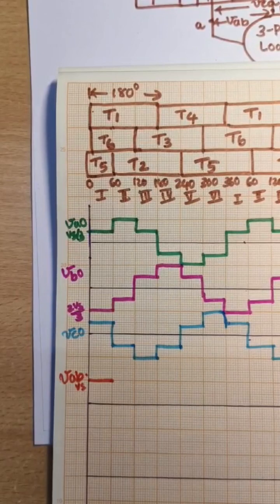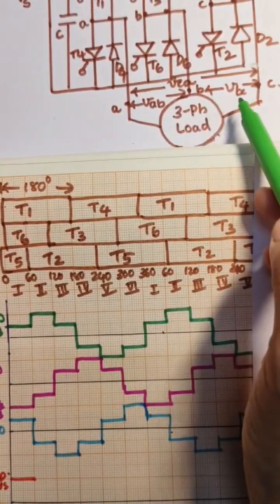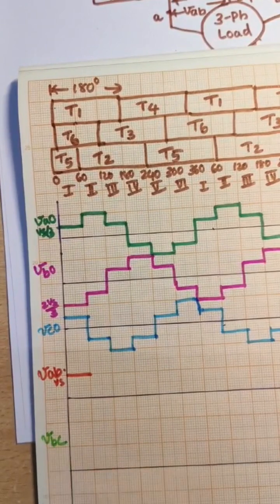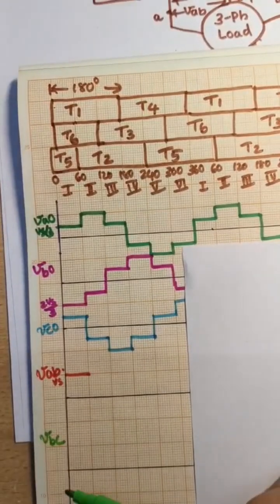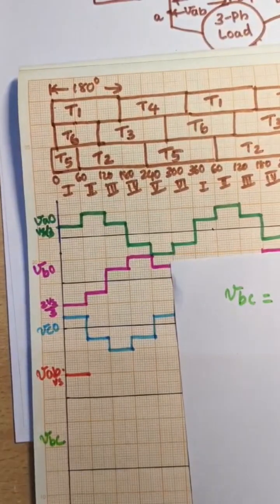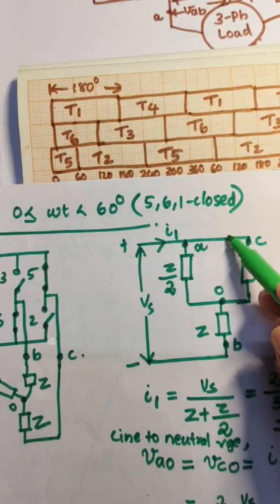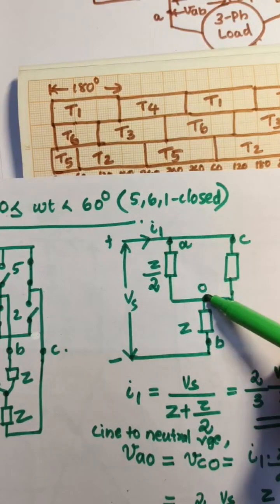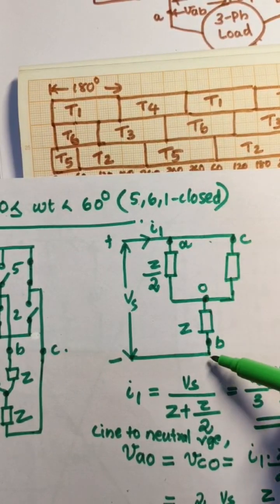Similarly, we can obtain the next voltage. Next is VBC. In the diagram, the next line to line voltage is VBC. So we can draw here VBC. Next, we need to find the value of VBC. To find VBC, we need to take that load circuit. To find VBC, we need to know the voltage of VBO. So VBO plus VOC will give you the voltage VBC.